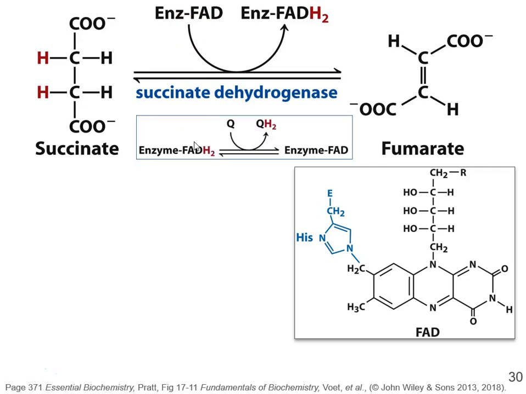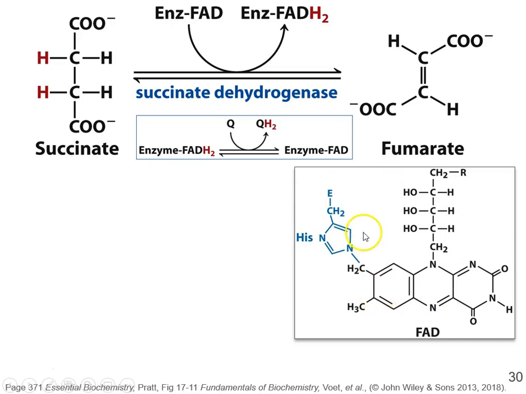The way that this works is that the succinate dehydrogenase enzyme has a covalently bound prosthetic group called FAD, and that's shown maybe in a little bit more detail here. So here's the succinate dehydrogenase enzyme. Here we just say E for enzyme. And it also has a histidine, and there's a covalent bond between the nitrogen on the histidine of this enzyme to FAD.